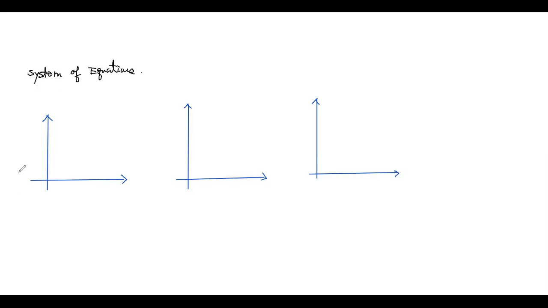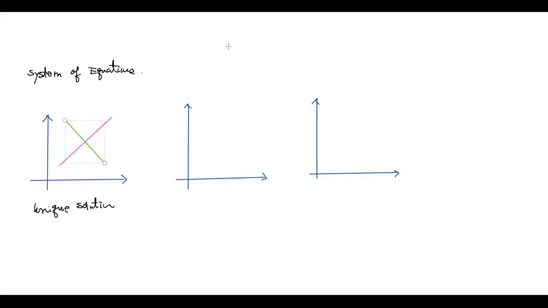Okay, I'm going to talk about the first case, when we have a unique solution. Let me say I have 2 lines. For example, this is my line number 1, and then I have this one here, line number 2.